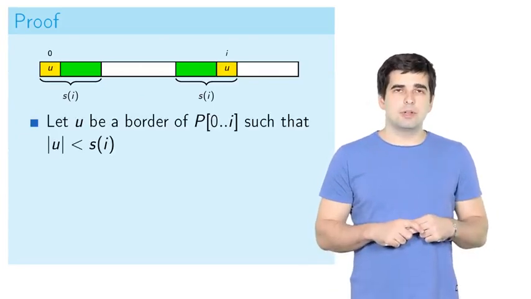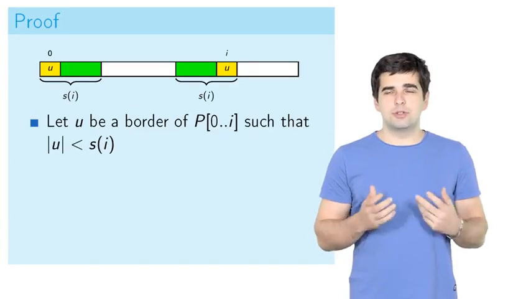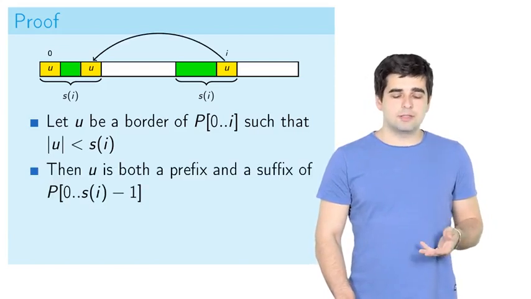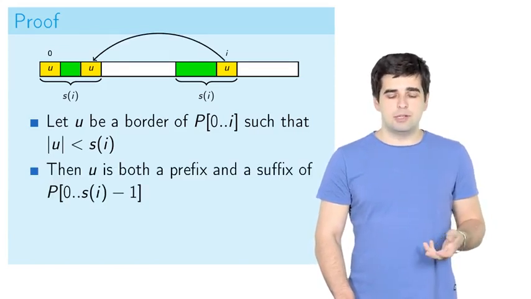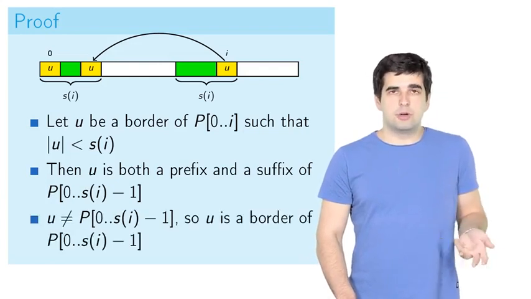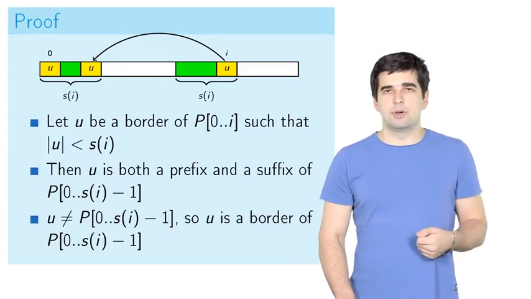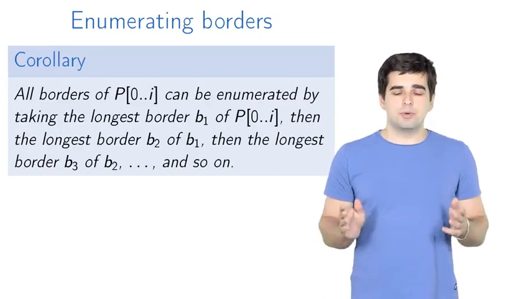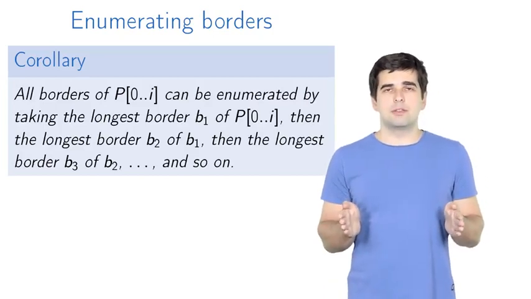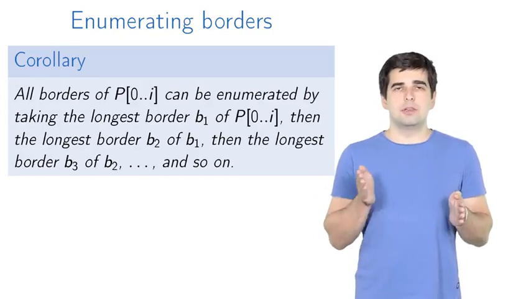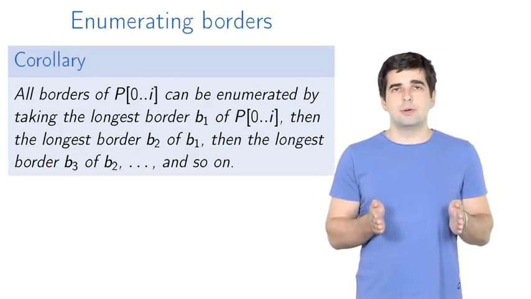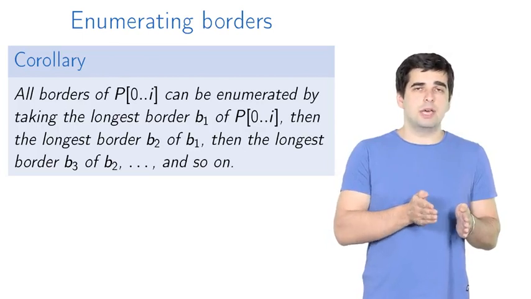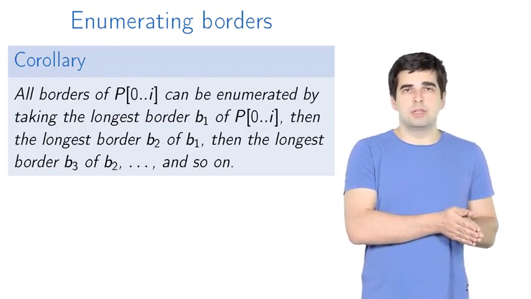So suppose the pattern occurs in the text in some position I between K and the start of the right W. Let's move the pattern to align with that position I. Then we can notice that there is a prefix V of the pattern that is also a suffix of U in the text. And so this string V, which is both a prefix of P and a suffix of U, is actually both a prefix and a suffix of U. And also this V is longer than W because it started before W in the text and ended in the same position as the right W in the text.